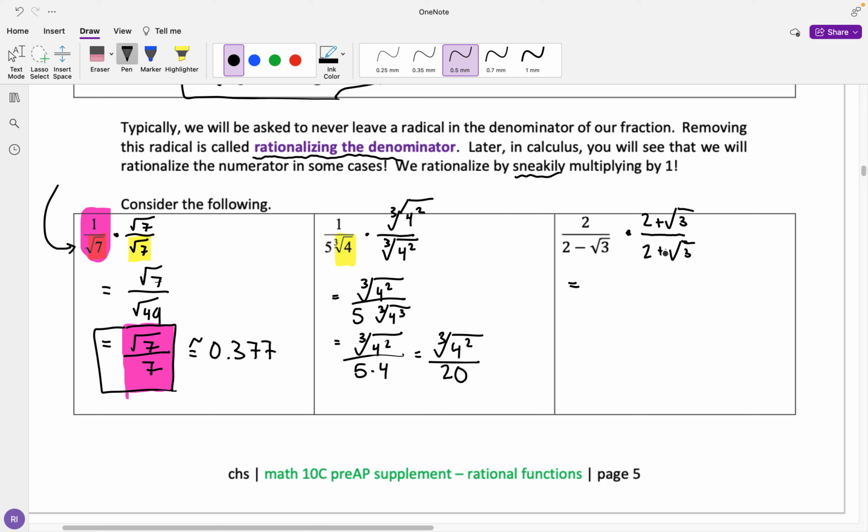I don't want to do too many shortcuts because shortcuts can be dangerous when we're just learning that skill. So multiply the numerator first, 4 plus 2 root 3. Now I won't shortcut. I get 4 plus 2 root 3 minus 2 root 3 minus root 9.